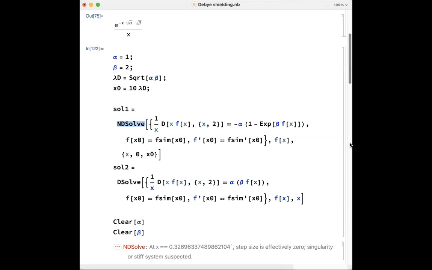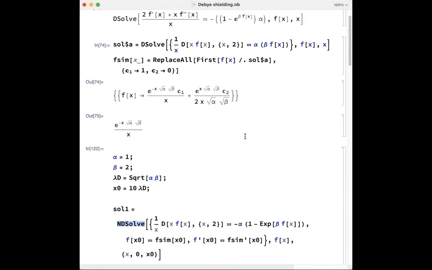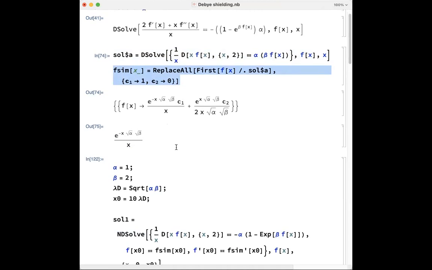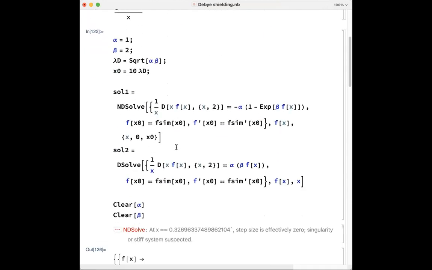Oh, I should mention that I've defined this function here as the solution I actually want. And then I just make up values for my constants. It doesn't really matter what they are as long as they're not 0 and don't go to infinity.